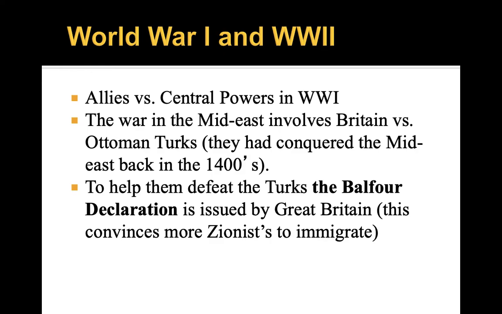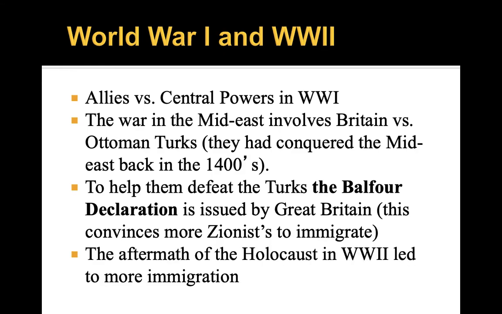World War II, of course, you have the Holocaust that takes place, and with the decimation of Jewish culture and citizenry in Europe, there was another strong movement for the refugees to then go back to the area of Palestine and to live there and recreate this Jewish state.